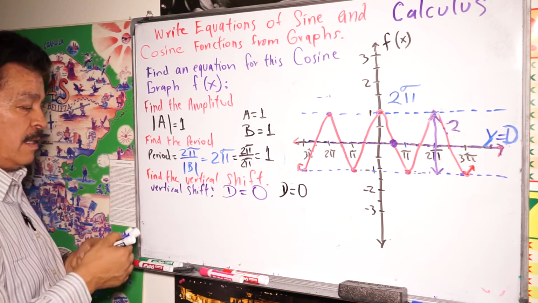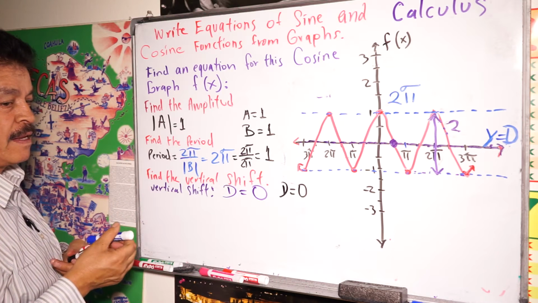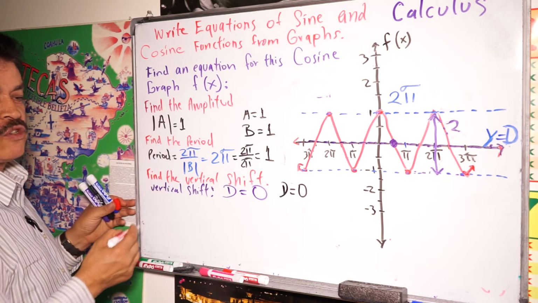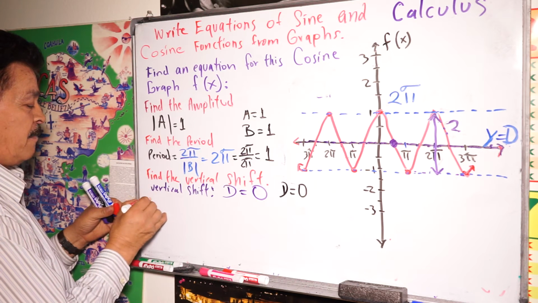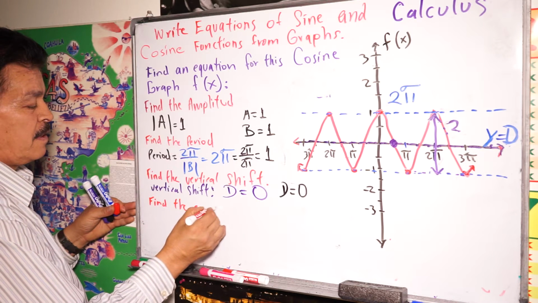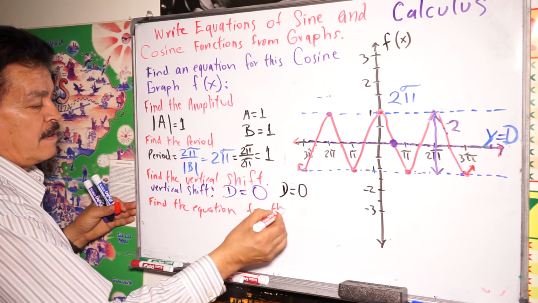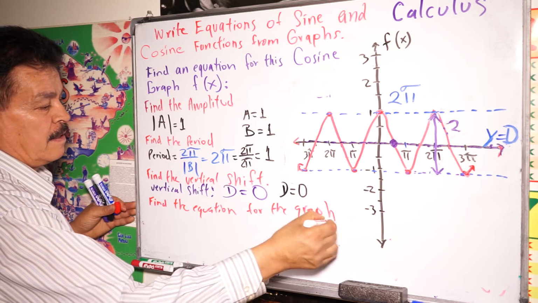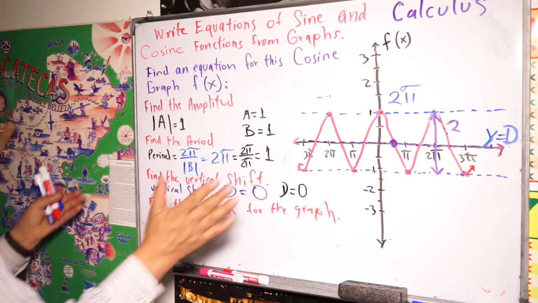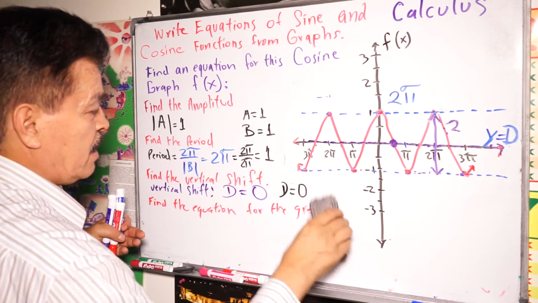Okay, now let's summarize everything. The next step is to find the equation for the graph. It's the last step. Let's erase everything and keep in mind how much A, B, and D are.